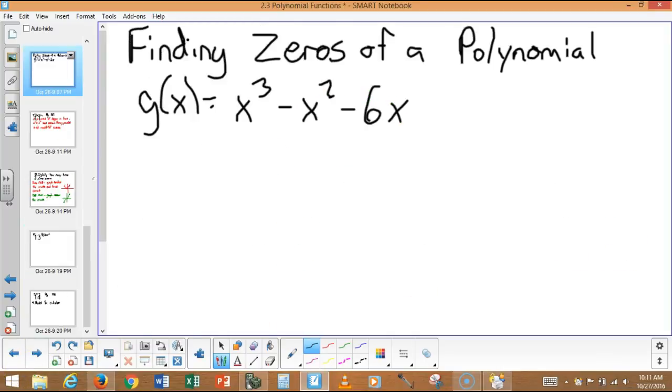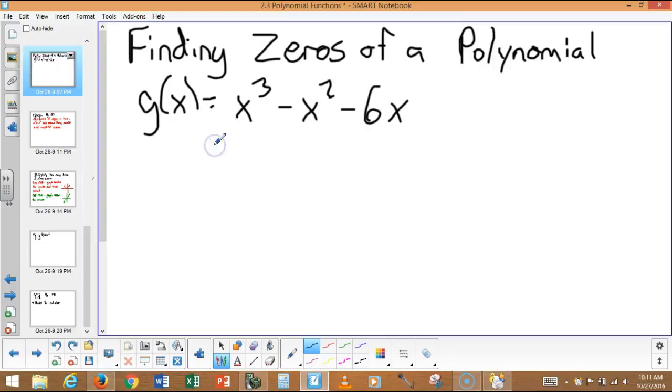We're going to go through another example similar to one we've talked about already in this lesson, finding the zeros of a polynomial. So we have g of x equals x cubed minus x squared minus 6x. We could graph this and find the zeros that way, but you can do that if you choose on your own. But I'm going to go through how we can find this algebraically by means of factoring.